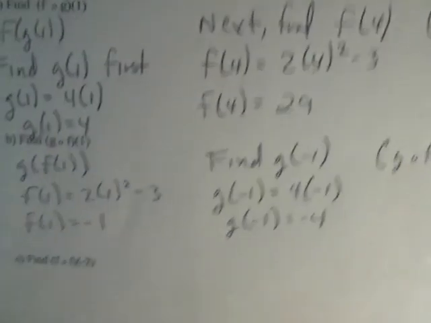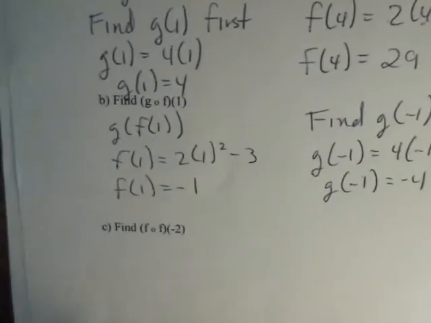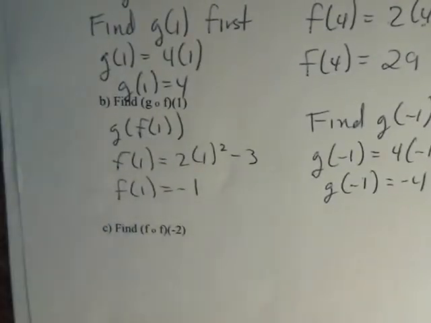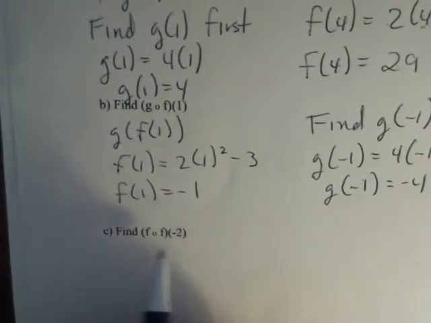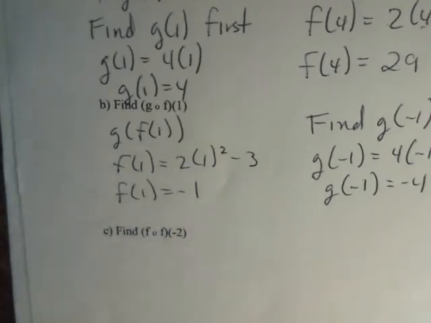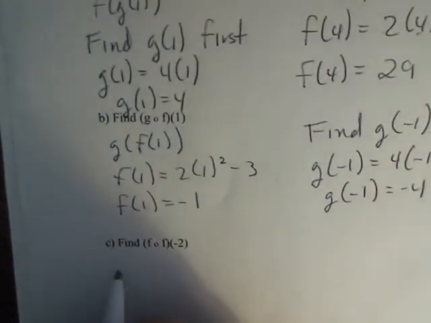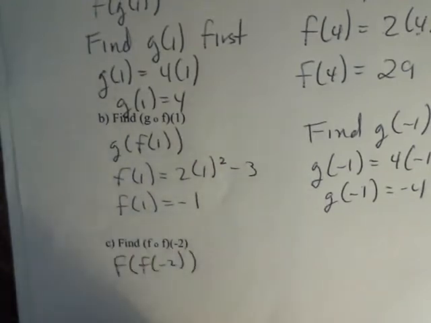Okay, again, try not to overcomplicate things. Just realize that you're just putting numbers into functions. Here we're just composing f with itself. So I will rewrite this as f of f of negative 2.